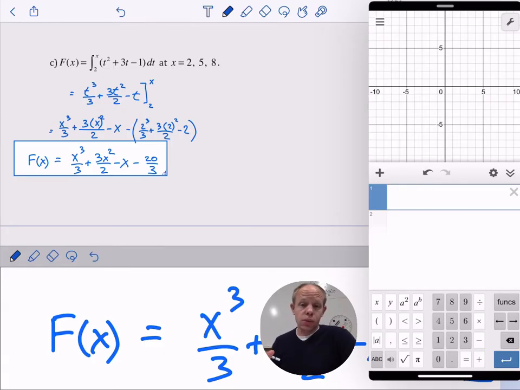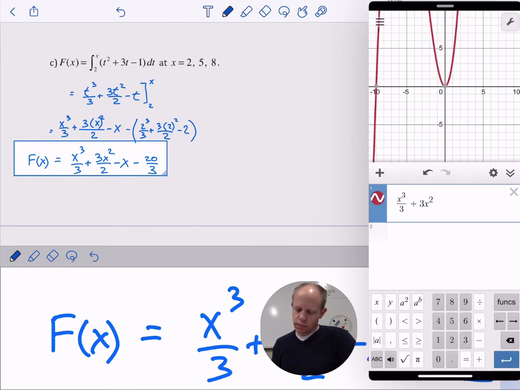All right, so I'm going to go ahead and just put my accumulation function into Desmos here. So we're going to have x cubed divided by 3, and then plus 3x squared divided by 2, minus x, and then minus 20/3.